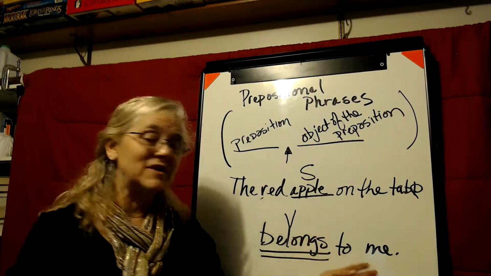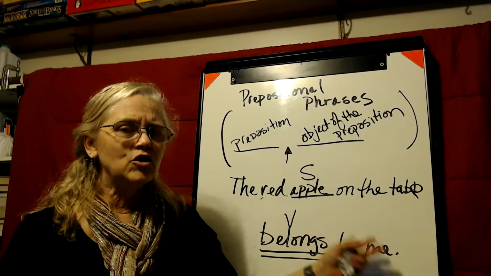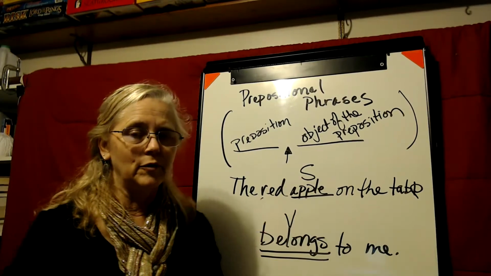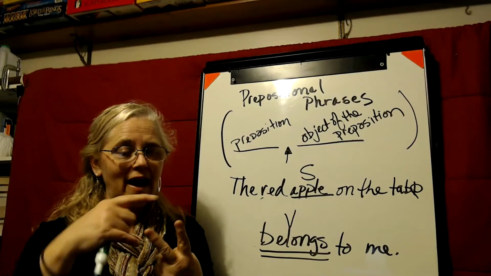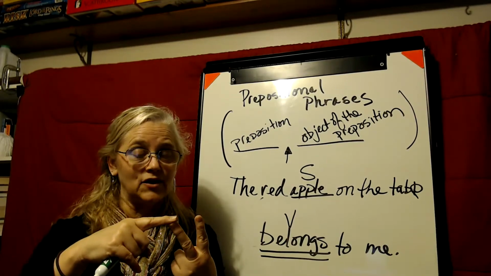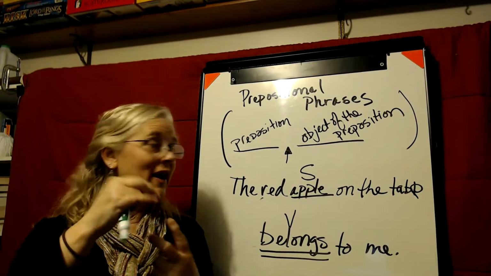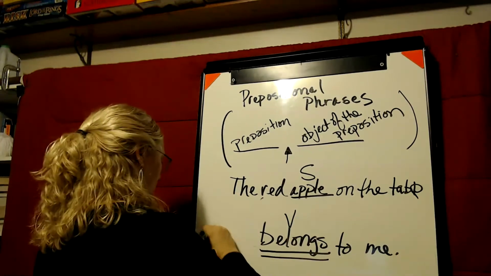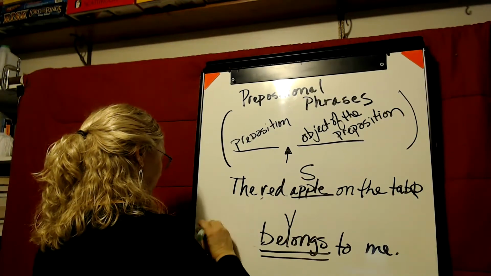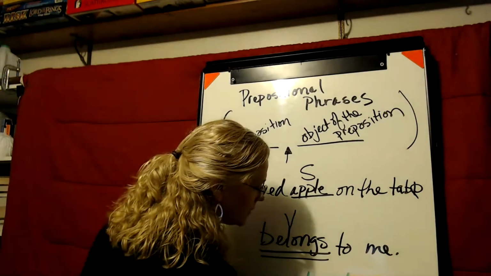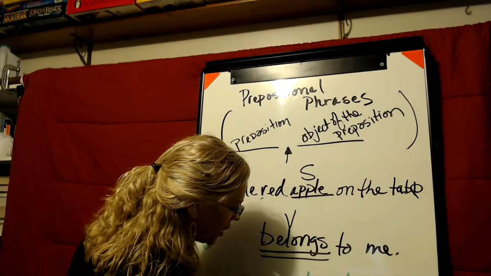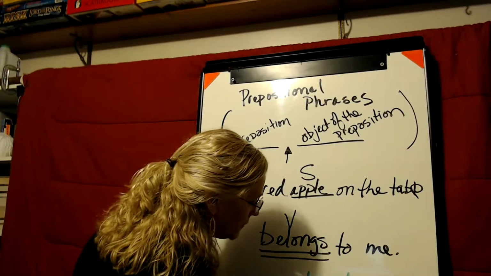But in the case of prepositional phrases, they usually are just describing a verb. So we have 2 options. The prepositional phrase has one of two jobs that it's doing. It's either doing the job of an adjective, or it's doing the job of an adverb.